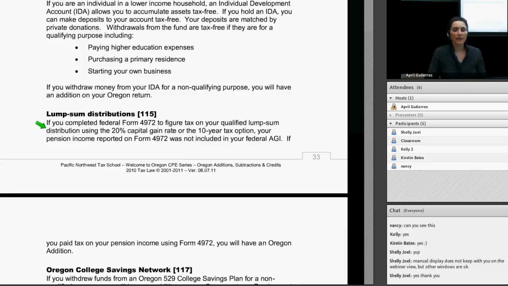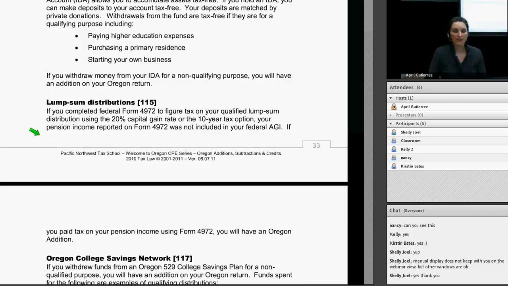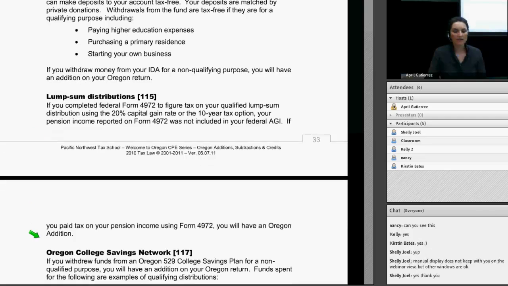If you completed Federal Form 4972 to figure tax on your qualified lump sum distribution using the 20% capital gain rate or the 10-year tax option, your pension income from 4972 was not included in your federal AGI. If you paid tax on your pension income using Form 4972, you will have an Oregon addition.